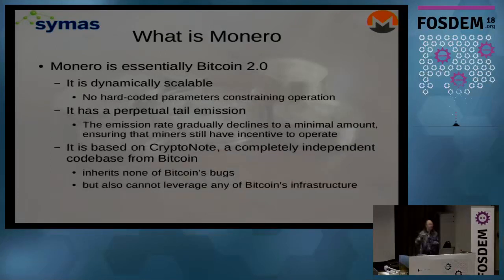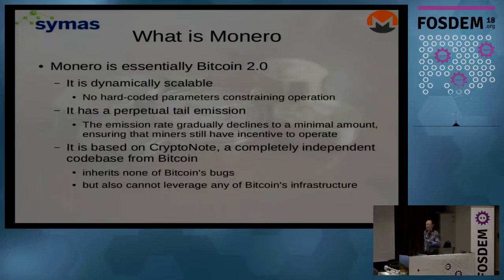It drops to a minimum of 0.6 coins per block for the rest of eternity. And the point of this is, as I mentioned before, the blockchain miners get a reward for mining a block, right? And this emission is part of that reward. If that reward goes to zero, then the miners don't have incentive to keep mining anymore. And if they stop, then your network ends.